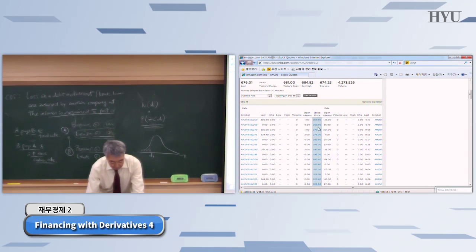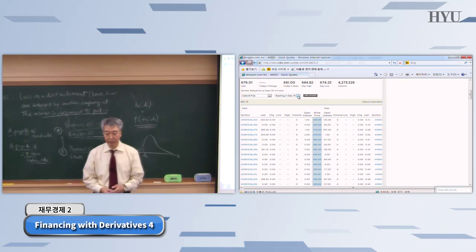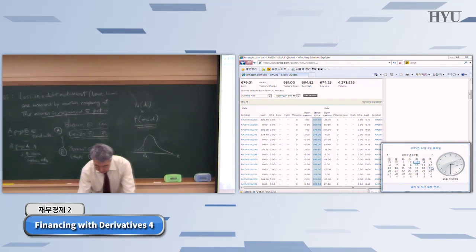Okay, so we're going to use only the left-hand side, and then expiring in December 15. Remember, American options expire on Saturday immediately following the third Friday. Okay, so apparently, where is it? December 15?